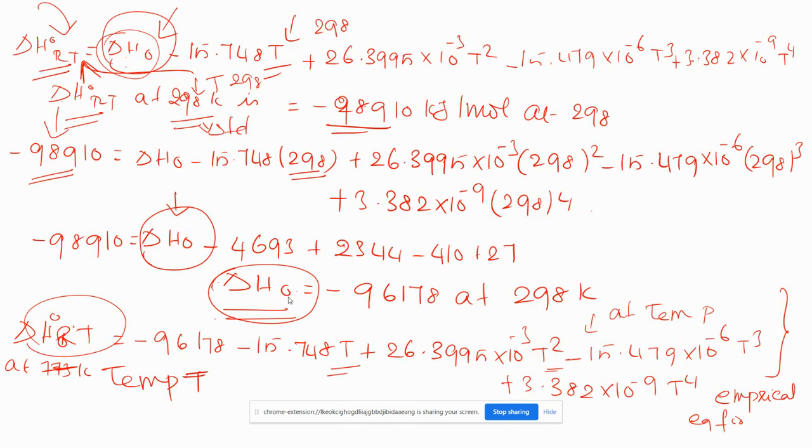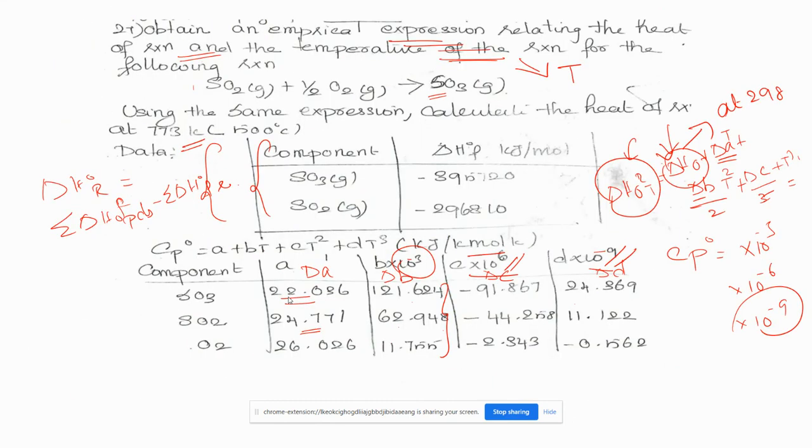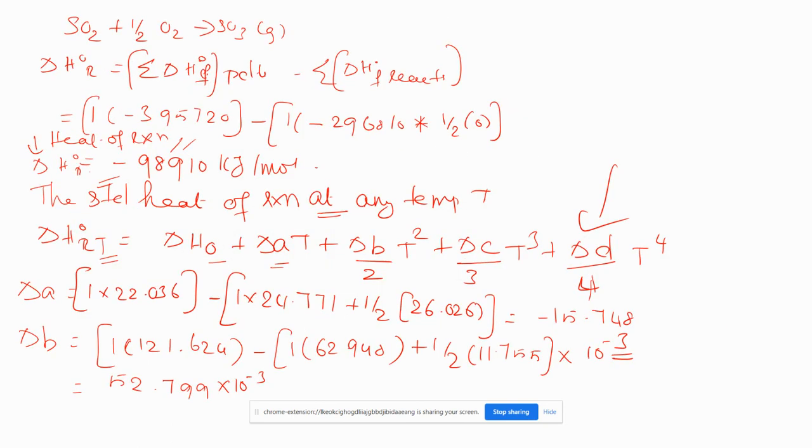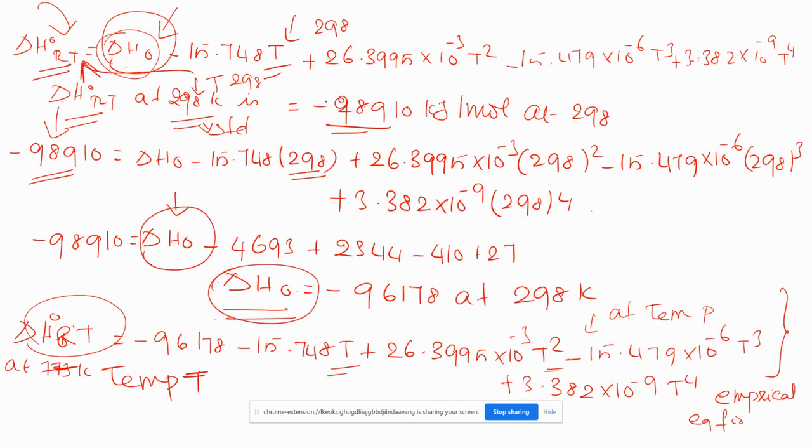So always remember, in some problems this data, del H0, will be given directly. If it is not given, you have to find del H0 from the standard heat of formation. Then you have to find del A, del B, del C, del D, and you will get an expression like this. After that, we take the temperature at 298 and find the del H0.